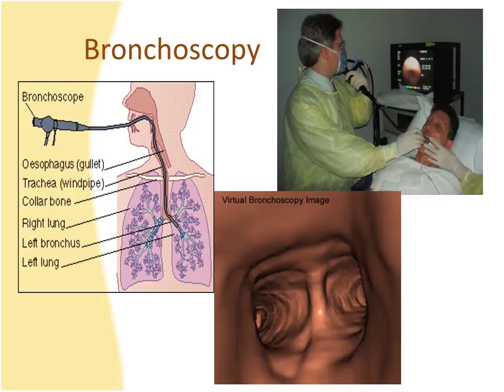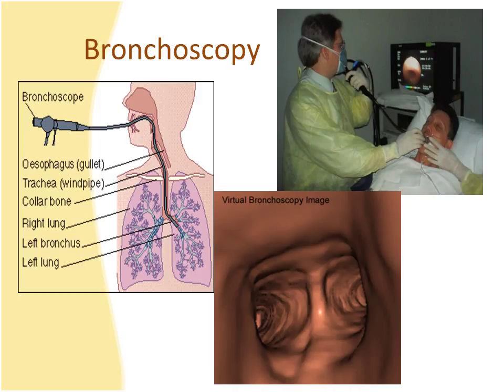So it allows us to go through the larynx, to visualize the trachea, and to see, like what you're seeing in the bottom picture, where the right and left mainstem bronchi bifurcate from the trachea.